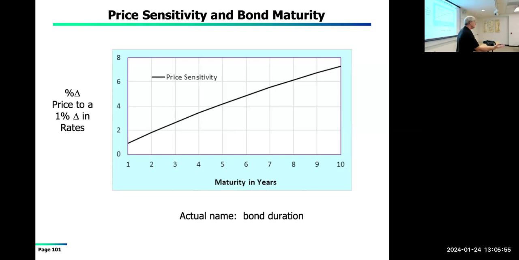Its duration is sensitive to how much maturity you have remaining on the bond. As the bond gets older and older, there's less time to maturity, and so you're essentially sliding down this mathematical relationship between price sensitivity and the maturity remaining.